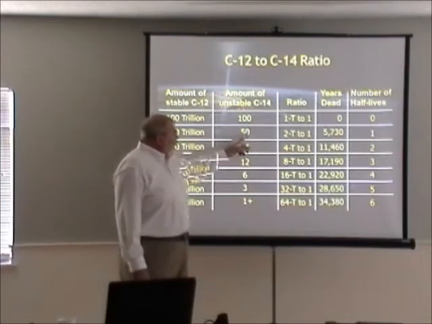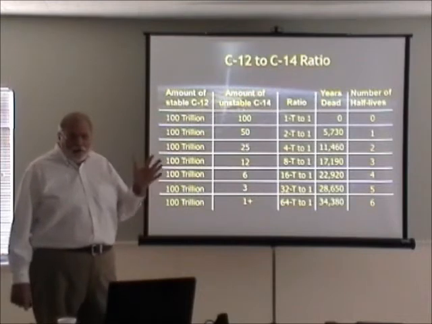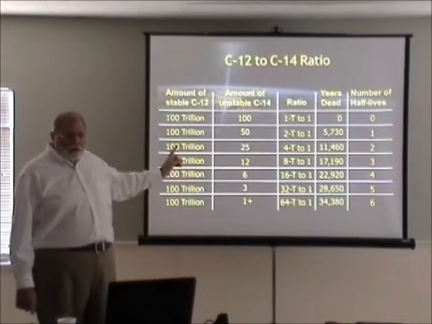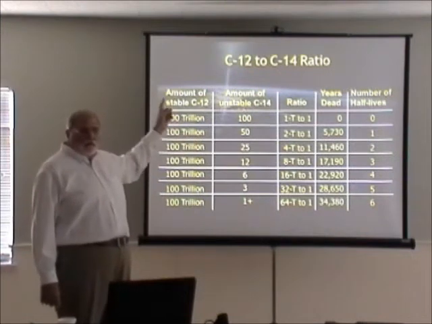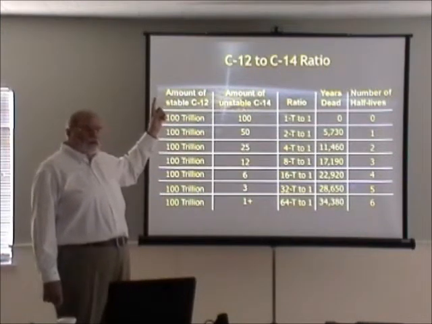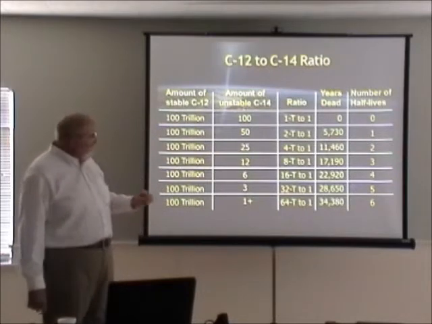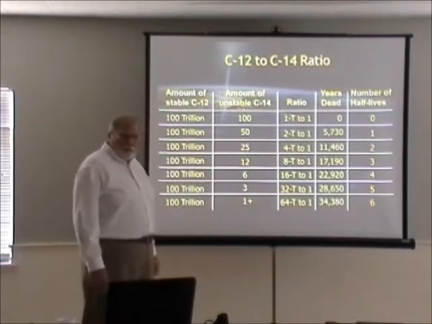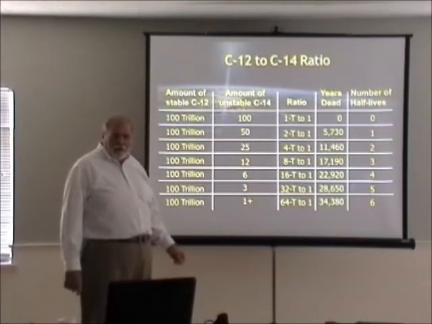radioactively, and after 5,730 years, the amount of unstable C14 is 1/2 of what it was before, and then 2 half-lives later, you've got 25 of these atoms, and in 3 half-lives, you've got 12 of these atoms, and it goes on.